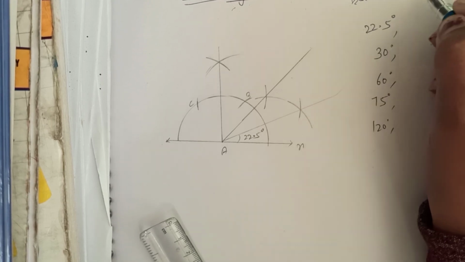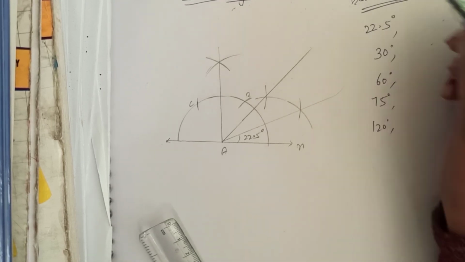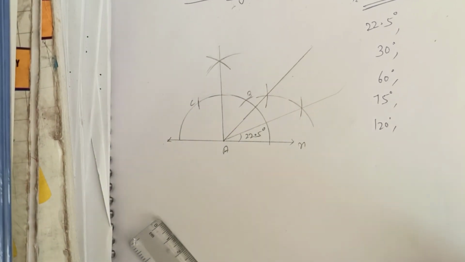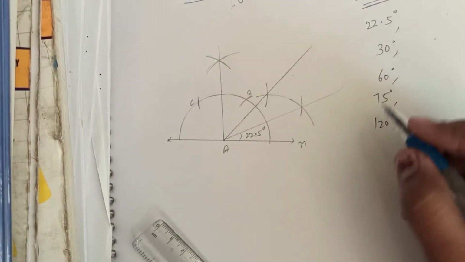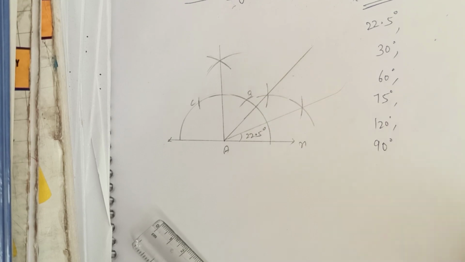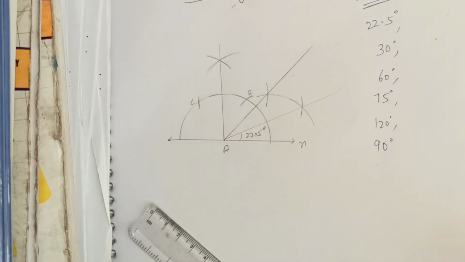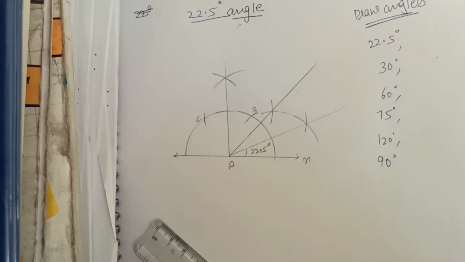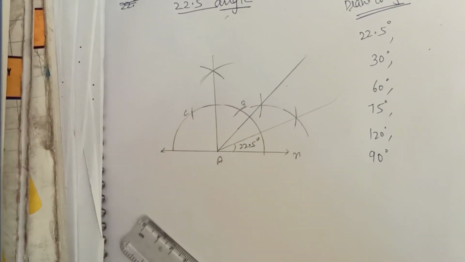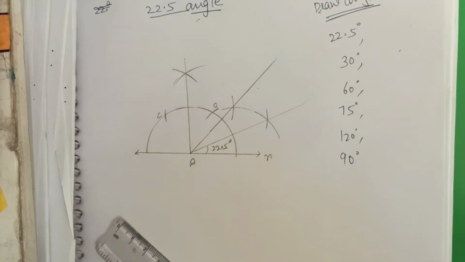This is your homework. Draw these angles in your fair notebook. And 90 degree also. Clear? I hope it is clear to everyone how to draw these angles. And exercise 14.4 we will do in the next lecture. If anyone has any problem in making any angles, you can comment and you can ask.